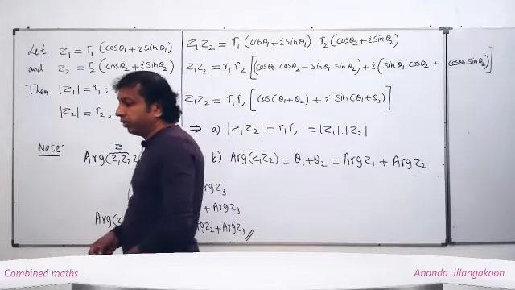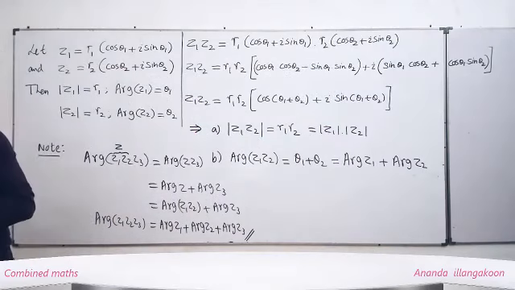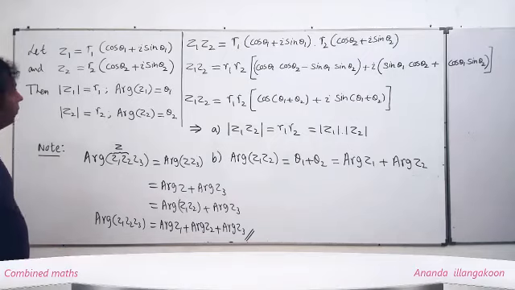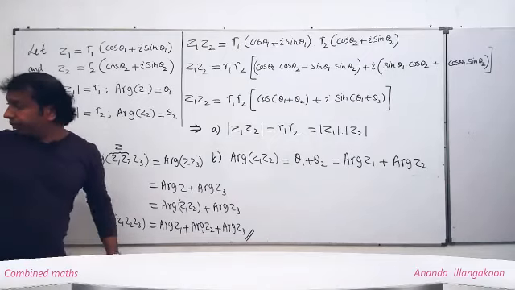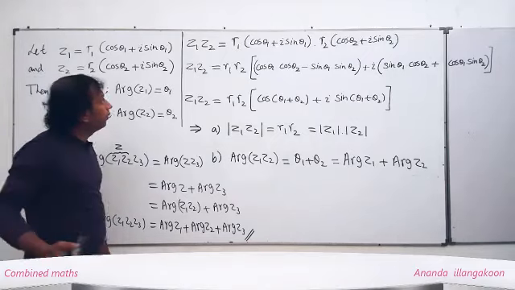Now, people, we'll come to the next one. Division. We are going to consider division. Z1 complex number we divide by Z2 complex number. Right. Come to division. This was multiplication.